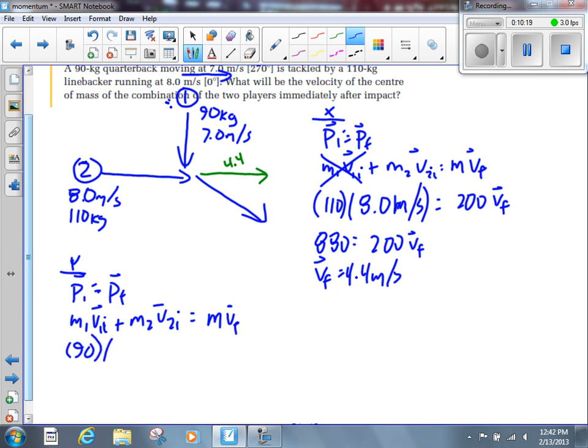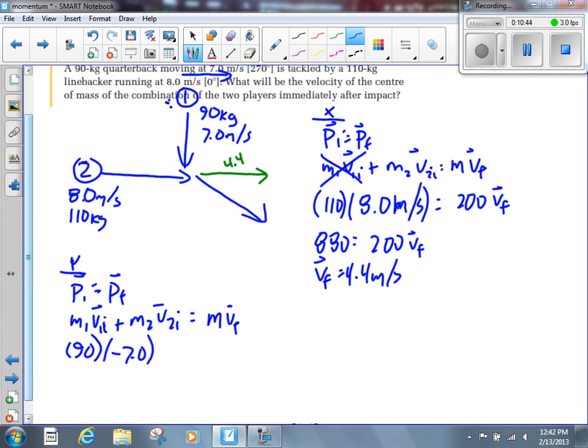How much of that is on the y-axis? How much of that 7 is up or down? All of it. So we're going to say 90 times negative 7. Good, Nick. Why negative 7? Because it's going down.